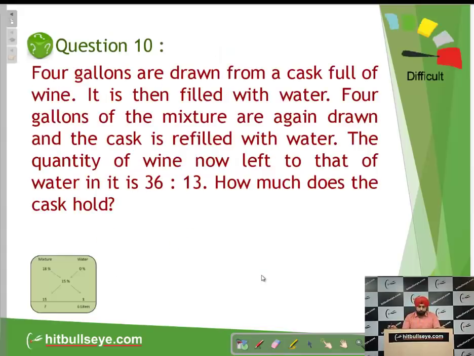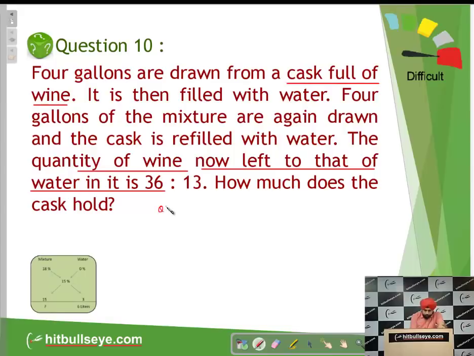Now here it is given that initially it was full of wine, and finally the ratio left of wine to water is 36:13. So we can think quantity left to initial quantity is equal to 1 minus n by m raised to the power t.